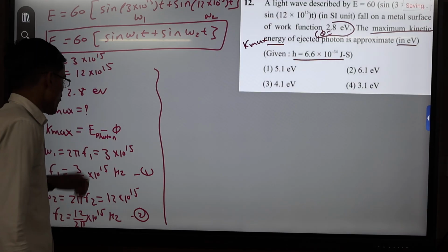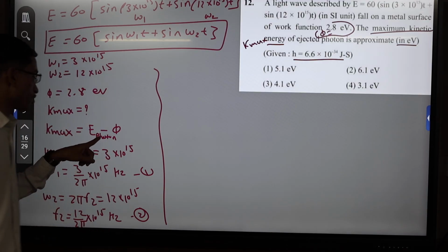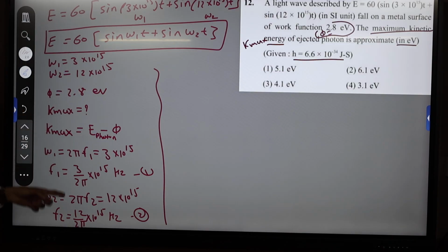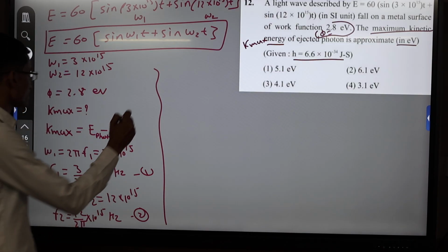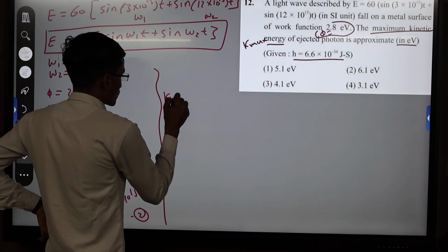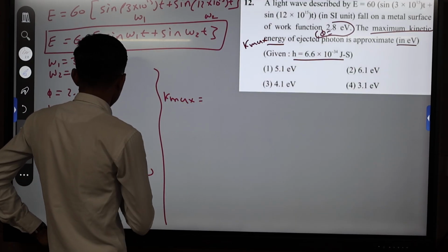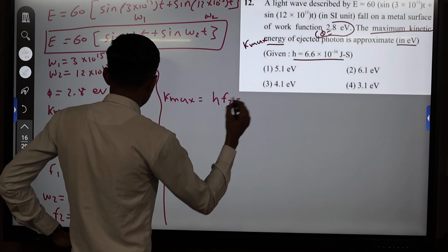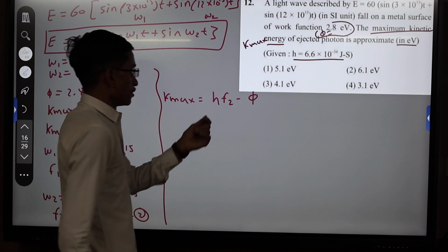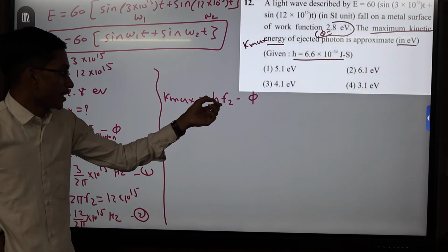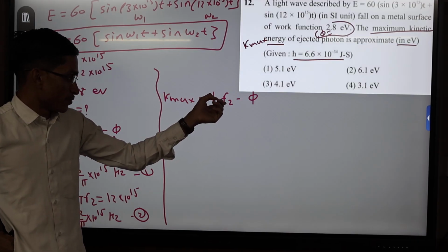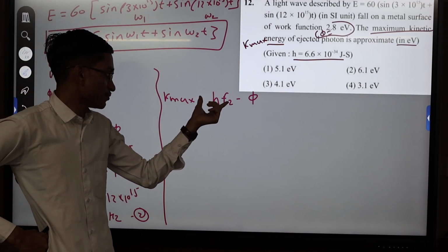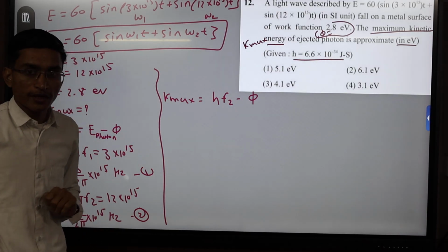So we will consider the energy of the photon as h into f2, and f2 is this. So Kmax is equal to E photon, which is h into f2 minus the work function. Again, f2 is the maximum frequency, so maximum energy will give maximum kinetic energy.